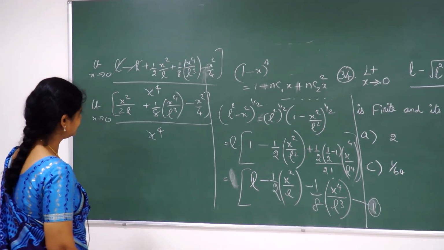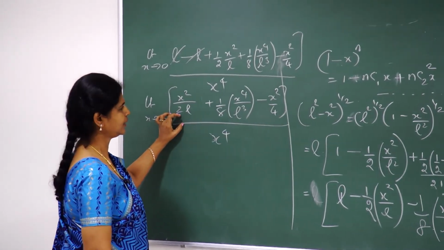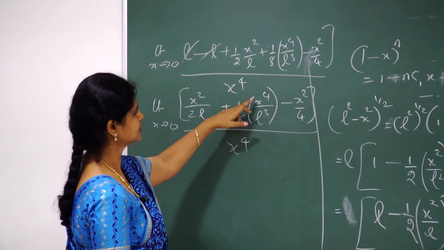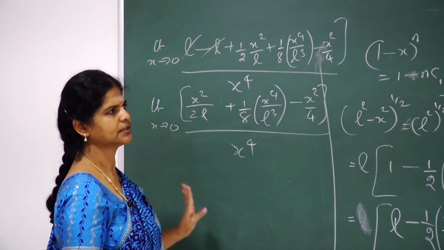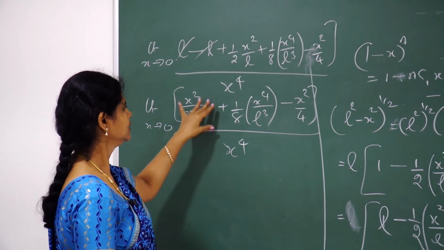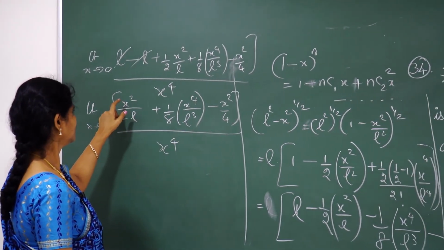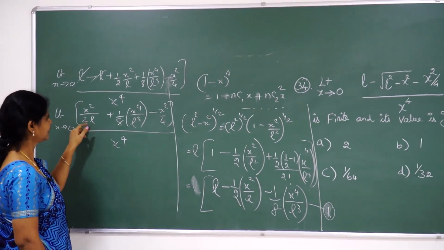When you divide each term by x power 4, you get a 1 by x square term here and also here, and for the middle term the x power 4 cancels, giving 1 by 8 L cube. Given that the limit is finite, the terms must not go to infinity. Here you have x square terms, and dividing by x power 4 gives x square in the denominator.